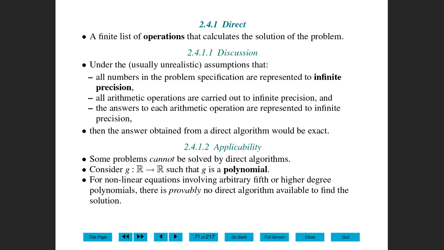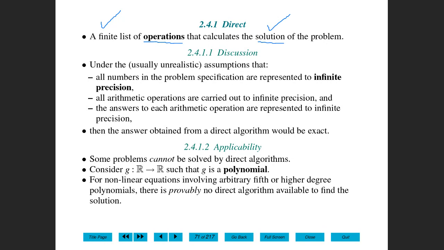Direct algorithms seem wonderful, because there is a finite set of operations. You just have to follow a set of instructions, and you will get the solution, which will be exact.